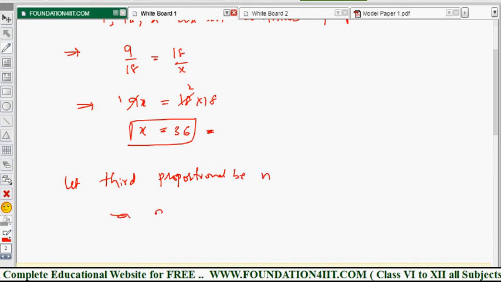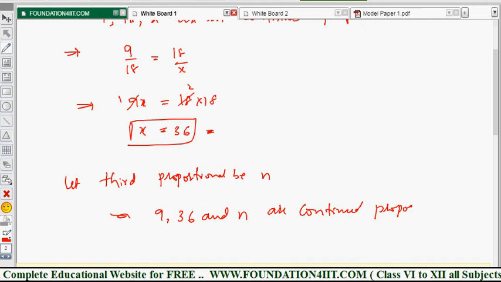Then that implies 9, 36 and n are continued proportional. So n is the third proportional. The first and second numbers we got, 9 and 36, and the third proportional is n, they are in continued proportion now.